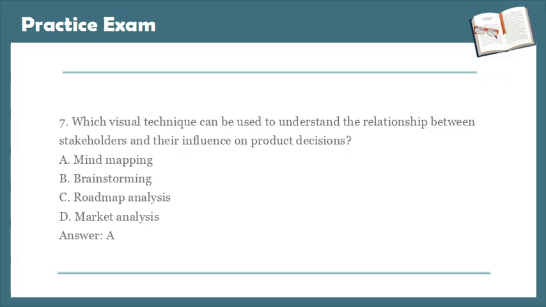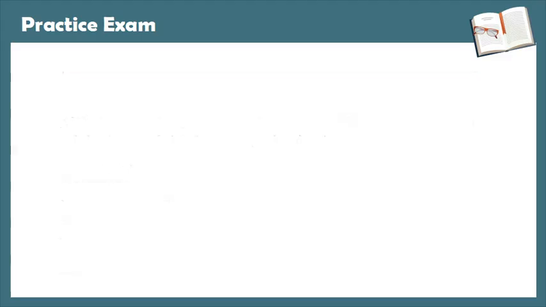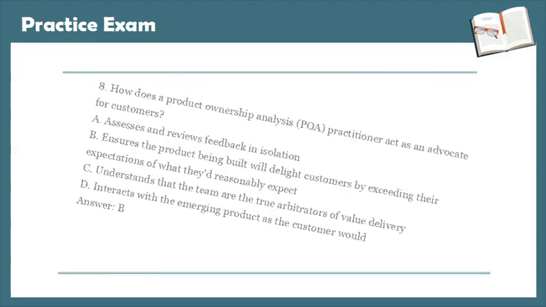7. Which visual technique can be used to understand the relationship between stakeholders and their influence on product decisions? A. Mind mapping. B. Brainstorming. C. Roadmap analysis. D. Market analysis. Answer: A. 8.